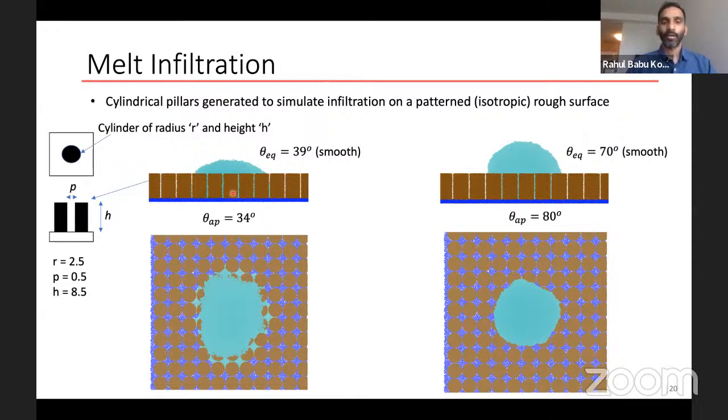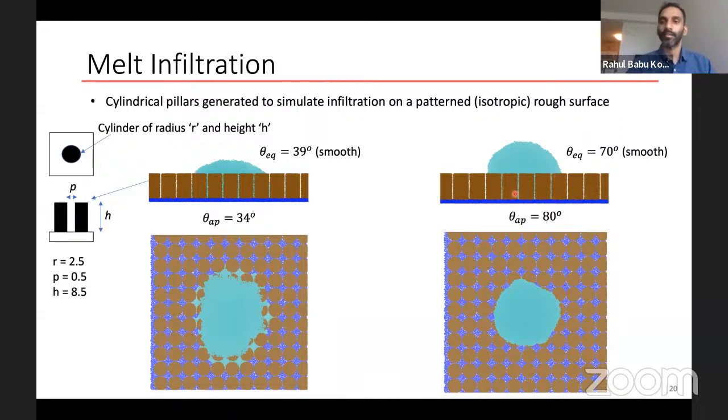We can also look at different contact angles. Again, I use the same contact angles from my previous study. One interesting thing that we see is for the 70-degree contact angle, we see the final angle increase to 80 degrees.